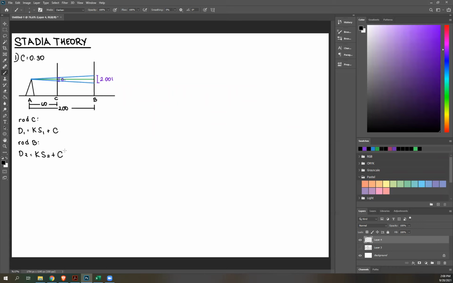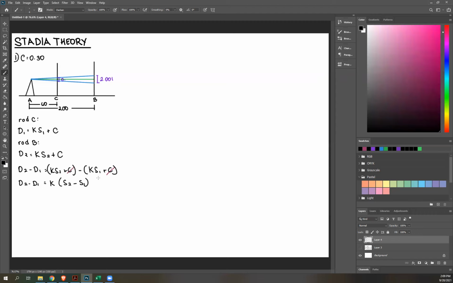Okay. And then from this, we can compare. We can write D2 minus D1 equals, again, just sub in your equations. Ks2 plus C minus Ks1 plus C. Okay, D2 minus D1, we can simplify this. C minus C cancels out. And then we'll be left with D2 minus D1 equals, K is a common factor, so I can factor out K. So K times S2 minus S1.